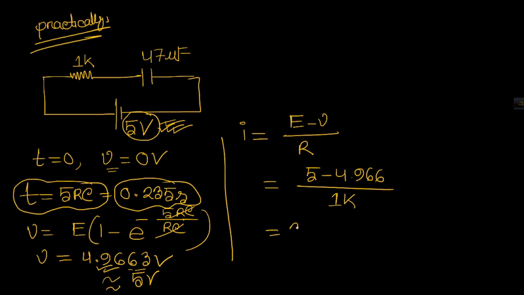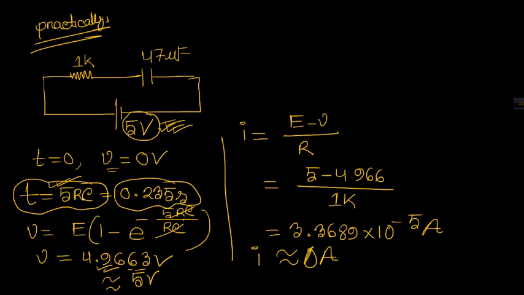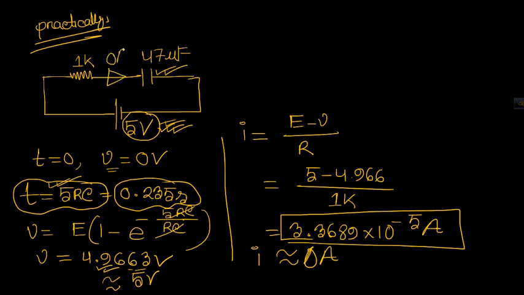The current is 3.3689 into 10 to the power minus 5 ampere, that is near to 0 ampere, right? So we get a very small current, and you see that instead of t equal to infinity, we use t equal to 5 RC, and at this time we get a very small current. So practically we say that the capacitor is fully charged, and the current is 0 ampere when time is 5 RC.